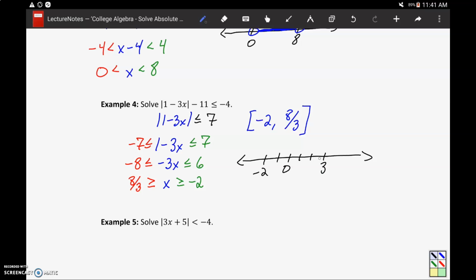In this case, 8/3 would be just a little bit less than 3. So we can use filled in circles to represent either end of our number line solution and shade that region in between.